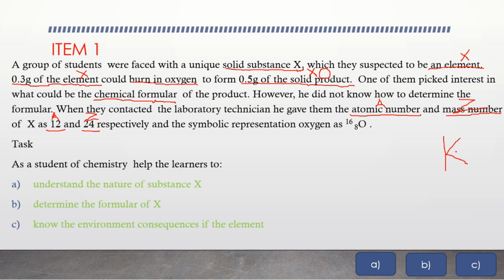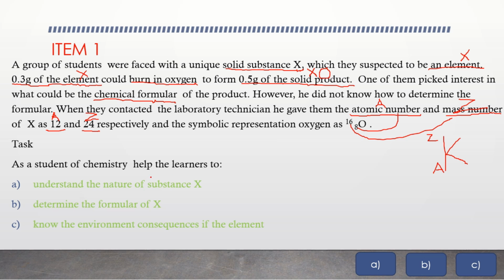If an element is written like that, like we see oxygen, we shall always have its mass number written at the top, and then the atomic number is written at the bottom. So here 8 is the atomic number, while 16 is the mass number. So now we are done with interpreting our scenario.